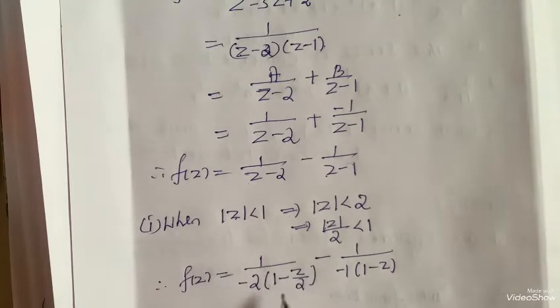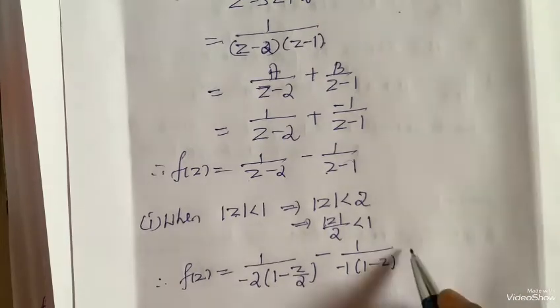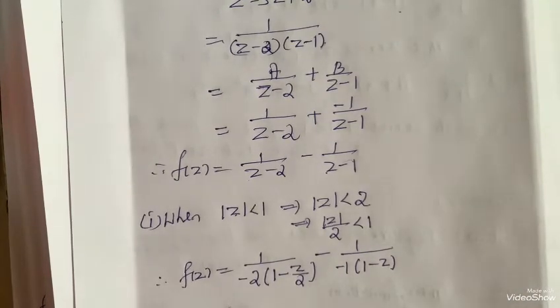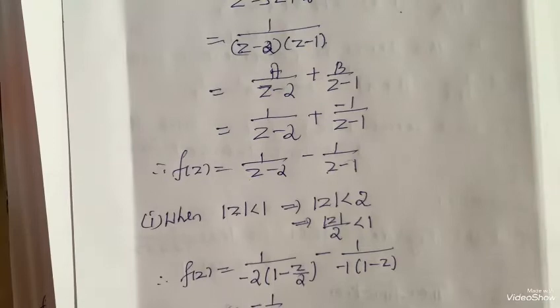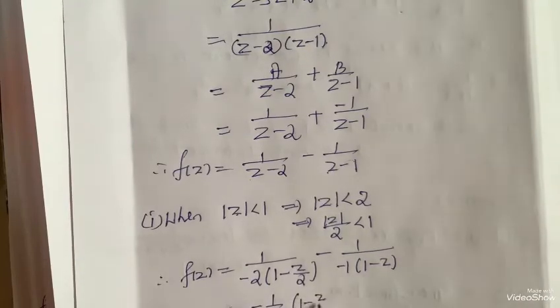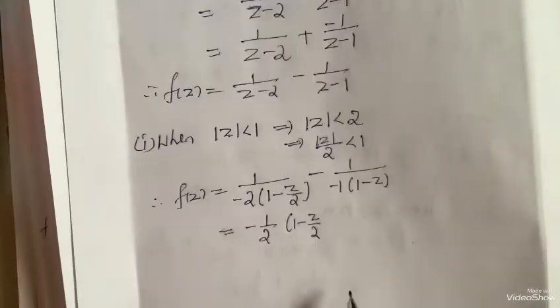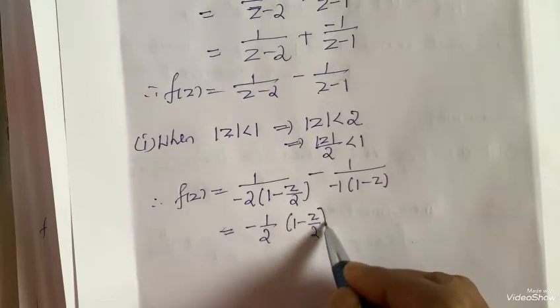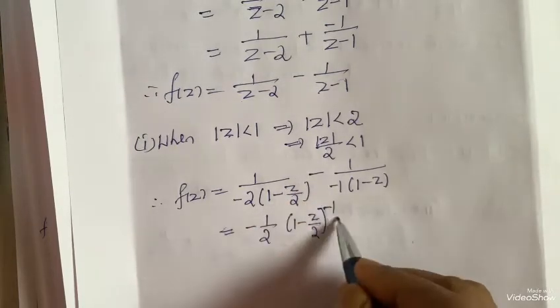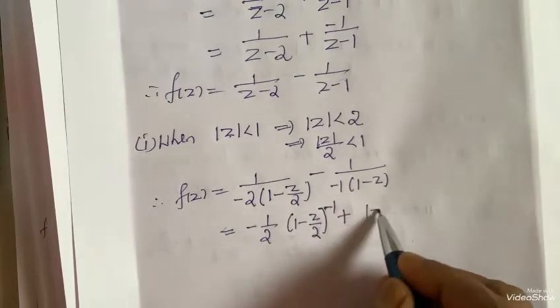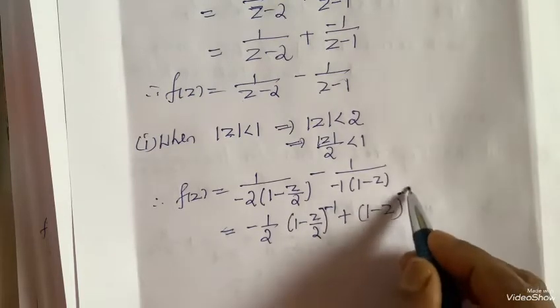Both must be less than 1. So this is minus of 1 by 2, 1 minus z by 2 raised to minus 1, minus of minus, plus 1 minus z raised to minus 1.